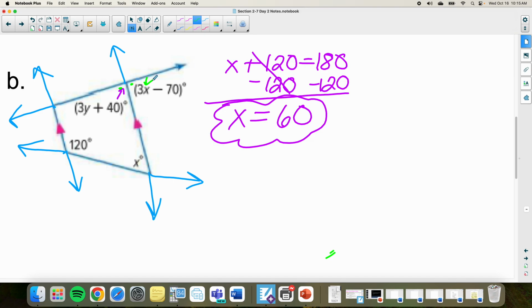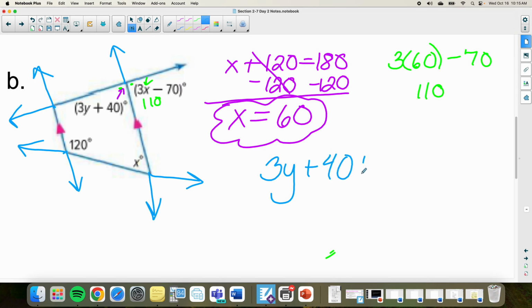What is 3 times 60 minus 70? 180, is that 110? I believe. Okay. Now do you guys understand that the 3y plus 40 plus 110 is going to equal 180?